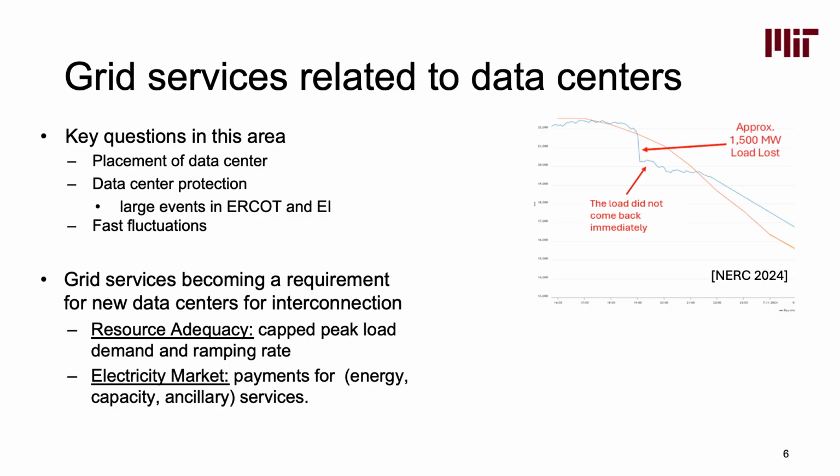What happened essentially last year, and maybe 2 years ago already, is that quite a few big events happened on the grid. For example, here we show an example from 2024. The forecasted orange line is the load prediction from, I believe, the Dominion region in PJM. They forecasted the loads would decrease.